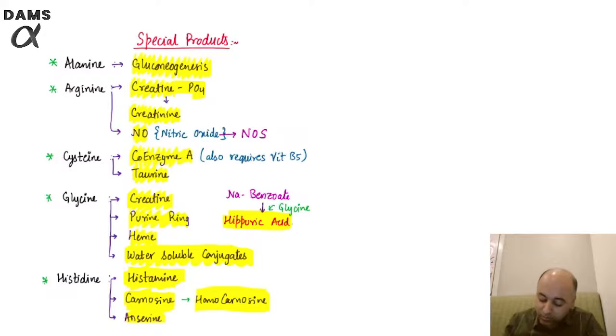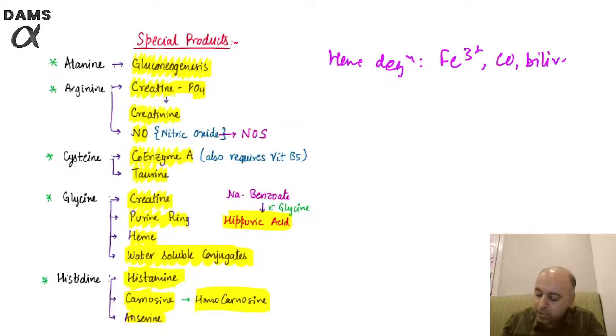Oh, it went away. I'm so sorry. And in heme degradation, what you get is the ferric iron along with carbon monoxide and biliverdin. Okay, so remember, for heme degradation, this is what is required.